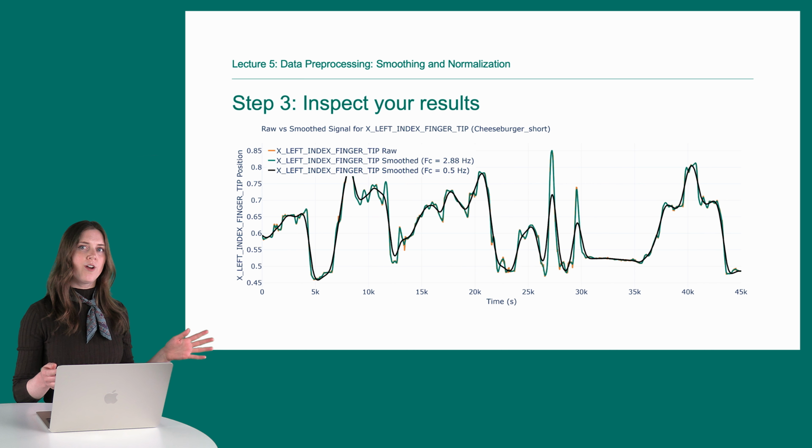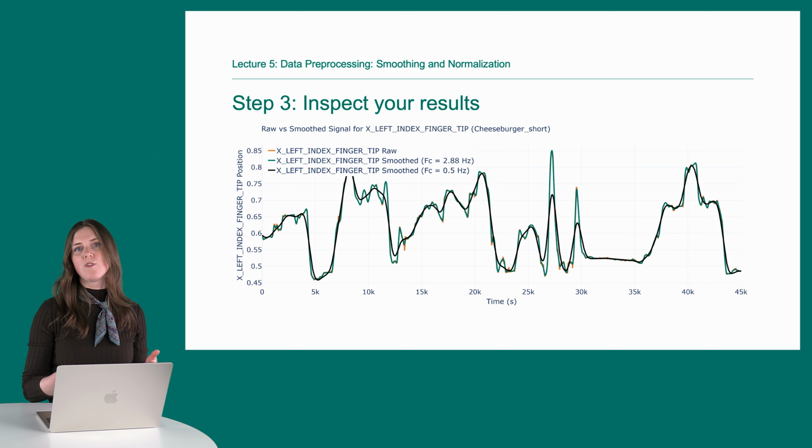They are the motion signature of our gestures, showing the pattern of how the index finger moved left and right during key gesture events. When we over-smooth, we risk washing out the very signal that we're trying to capture and understand. And this is why it's important to use principled cutoff values and check the effects of smoothing on your raw data.